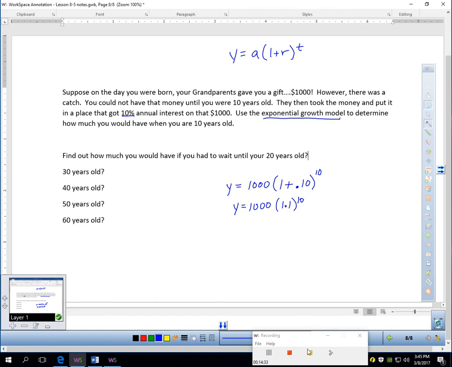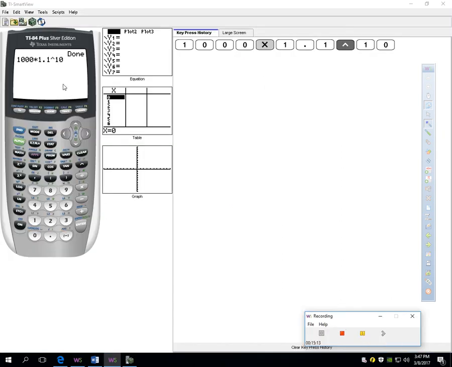So let's do that. So you can see here, I've taken my calculator, I've typed in 1,000 times 1.1 raised to the 10th power, and that tells me that at age 10, the $1,000 that my grandparents gave me because I got 10% interest every year would be worth, I'm going to round this to the dollar, $2,594.